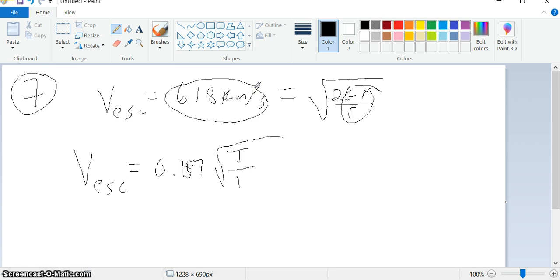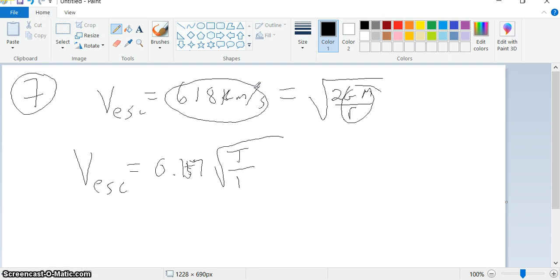All right, so anyhow, let's do this. We're going to use the temperature of the corona as 3 times 10 to the 6, 3 million Kelvin.